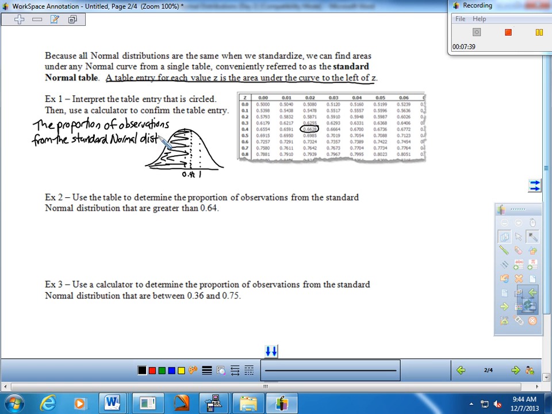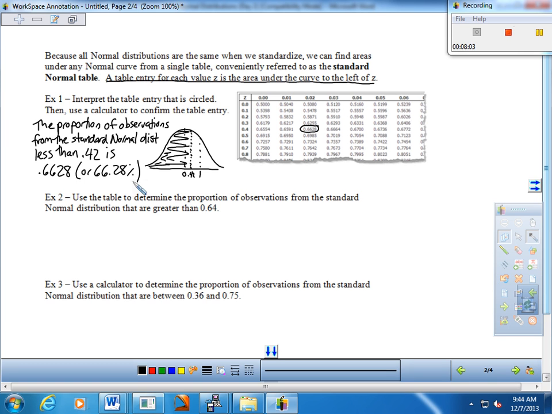So the proportion of observations from the standard normal distribution less than 0.42 is equal to 0.6628, or very simply, 66.28%.